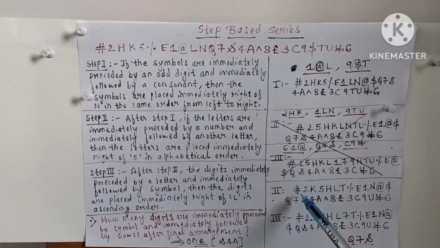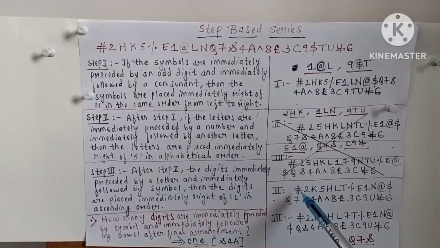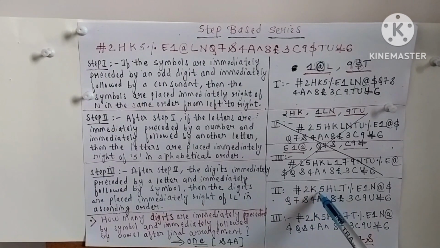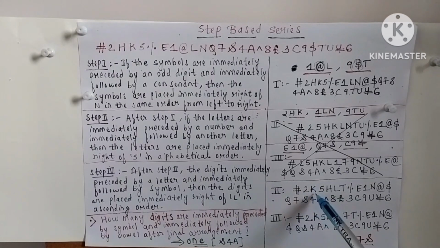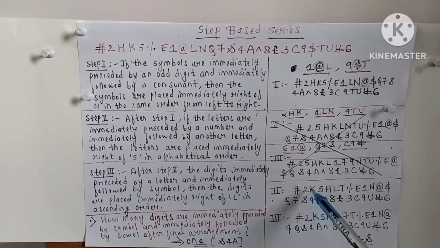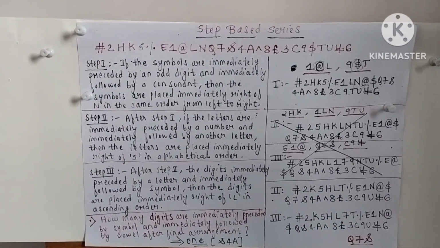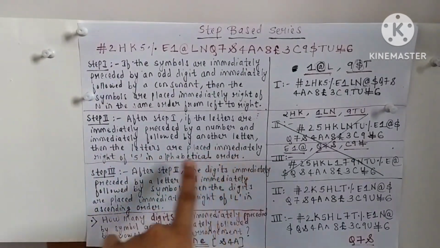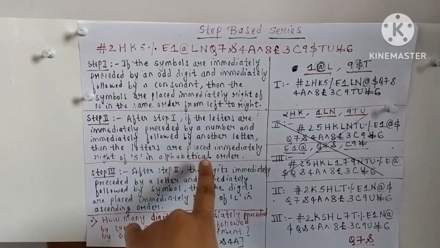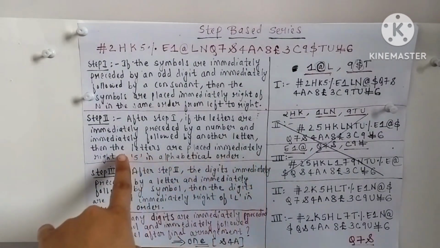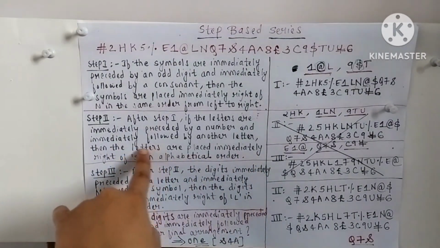Here I made some mistake, so here is the second step. Hash, 2k comes, and they have said to write after 5 the letters placed immediately right of 5 in alphabetical order. What? Only the letters.